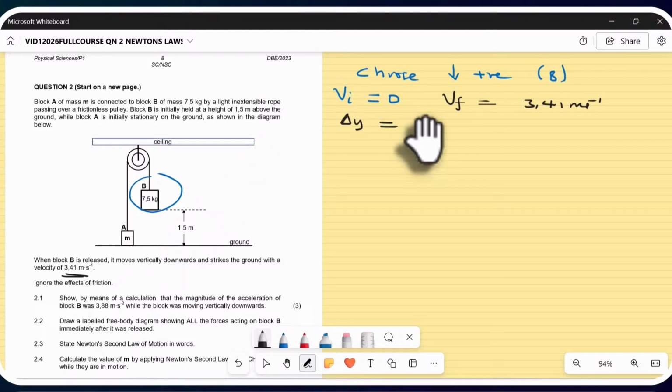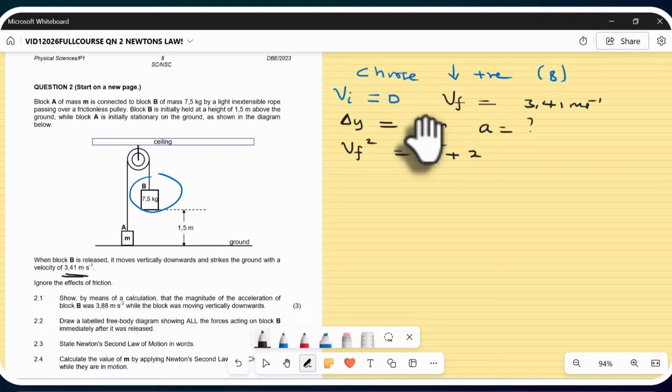So I want to show that the acceleration during motion is 3.88. Here I'm going to use the equation of motion: V final squared equals V initial squared plus 2a change in y.